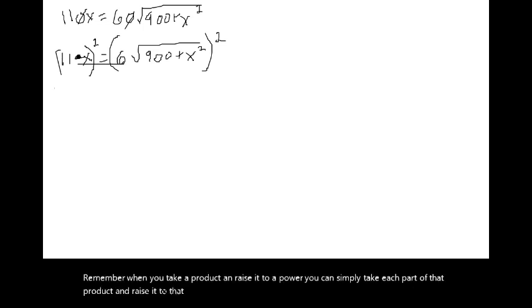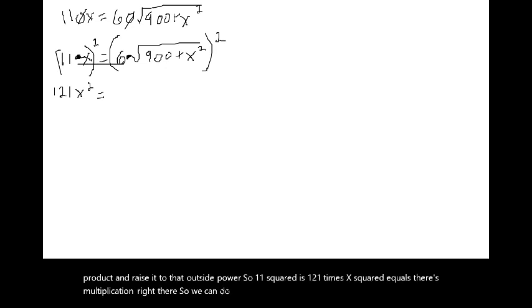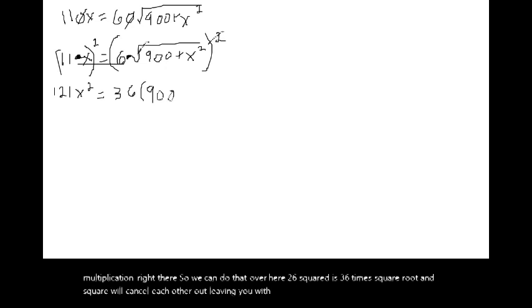So 11 squared is 121 times x squared equals, there's multiplication right there, so we can do that over here too. 6 squared is 36 times, square root and square will cancel each other out, leaving you with parentheses 900 plus x squared.